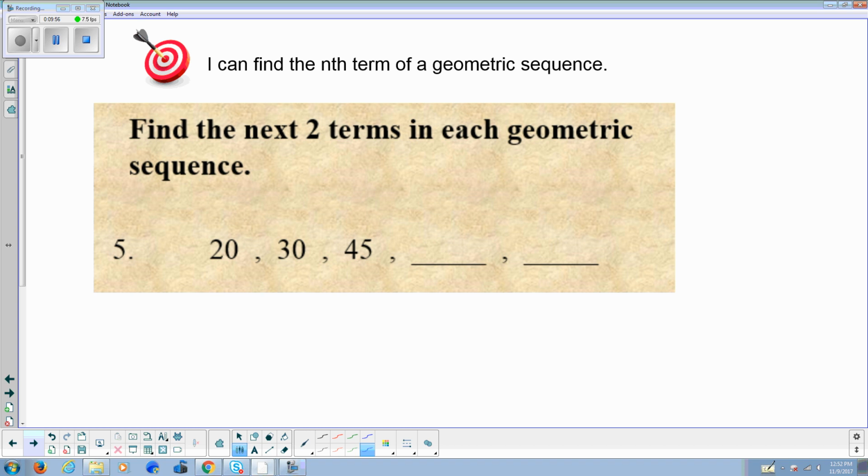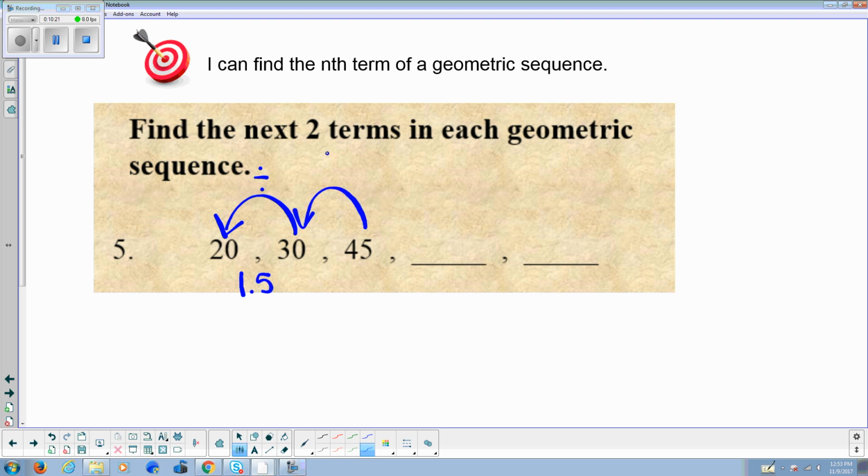Okay, now our learning target changes. It says I can find the nth term of a geometric sequence. Well, if I'm looking for the nth term, I'm just looking here to extend the pattern that's given. So I need to first decide what this pattern is. It says it's geometric, so I'm going to do this division. 30 divided by 20 is 1.5.